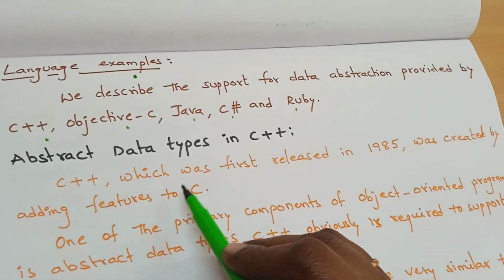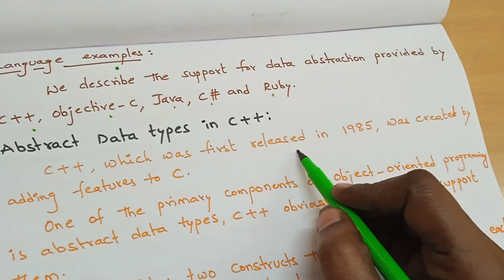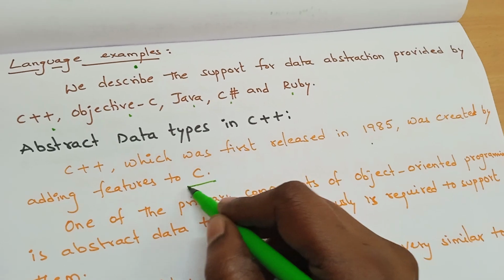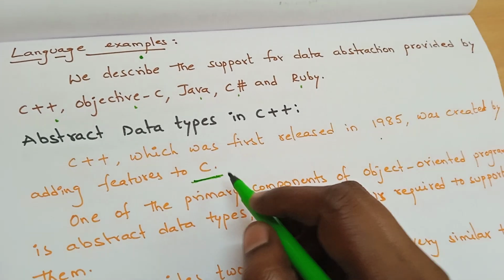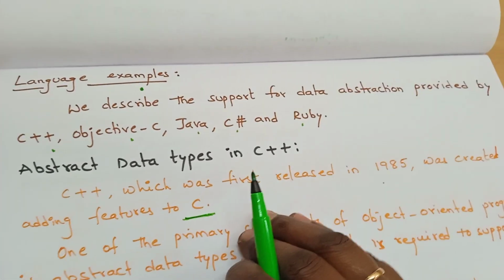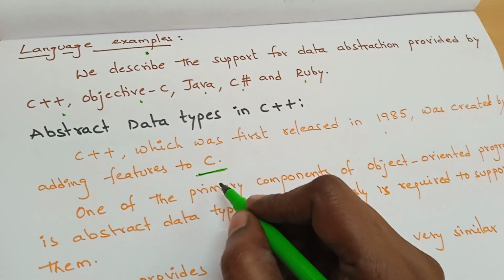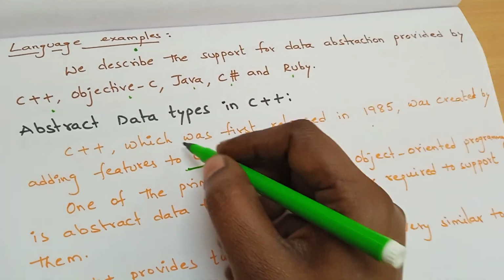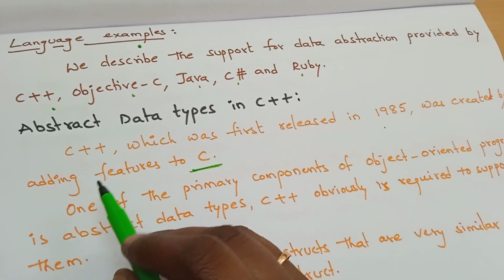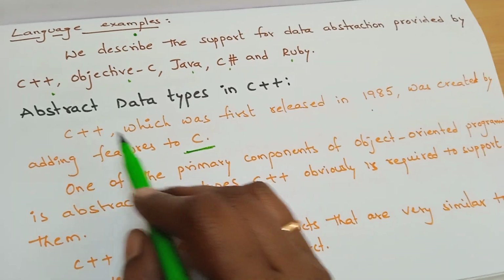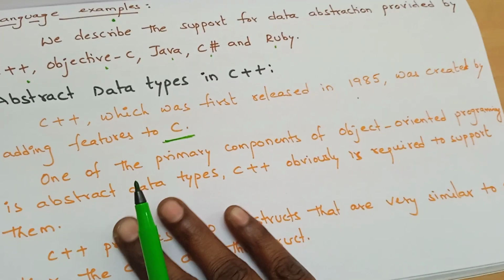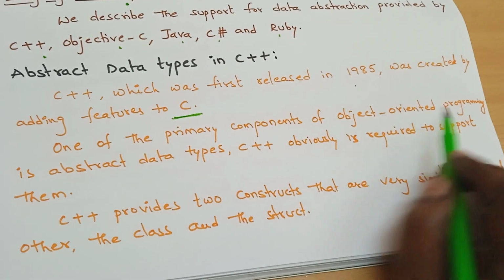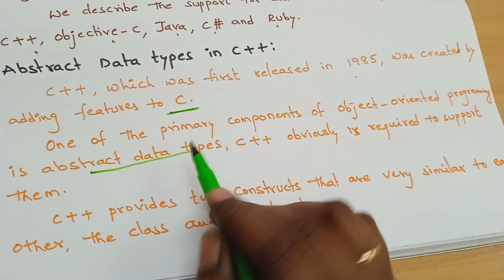C++, which was first released in 1985, belongs to the C family of languages. That means the features of the C programming language are enhanced in C++, or rather, C++ adds features to C. And one of the primary components of object oriented programming is abstract data types.